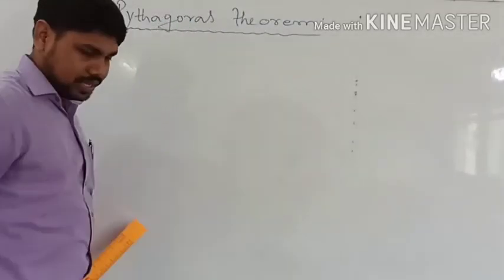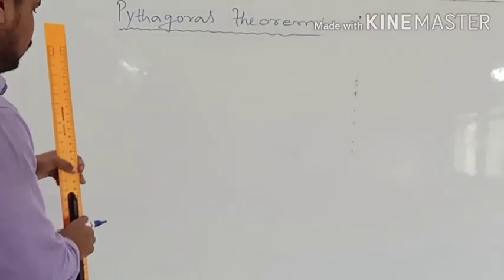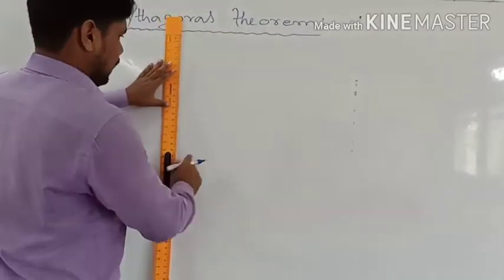First, what happens in a right triangle. Suppose this is the right triangle I am drawing again.